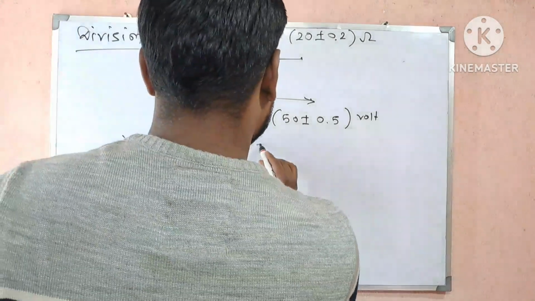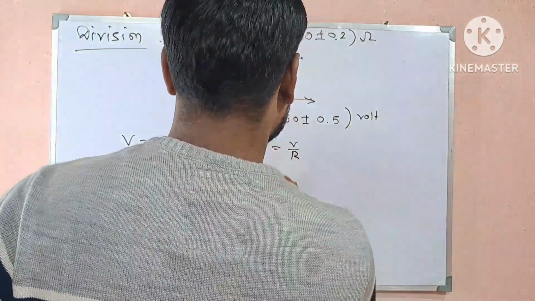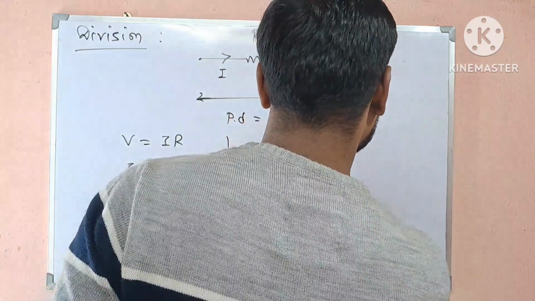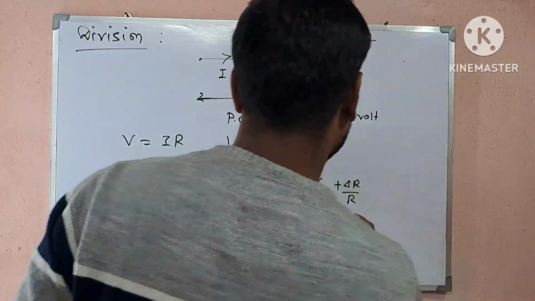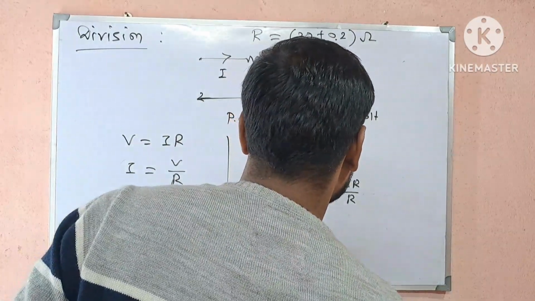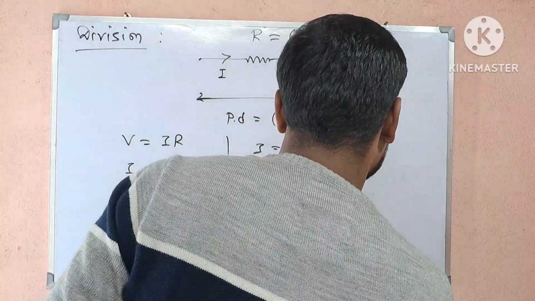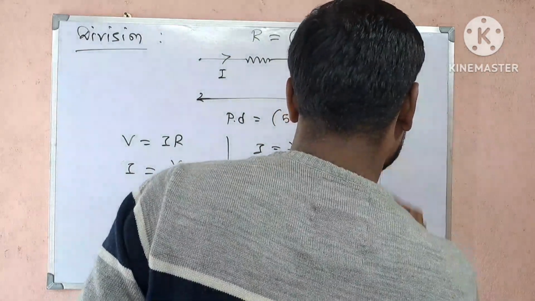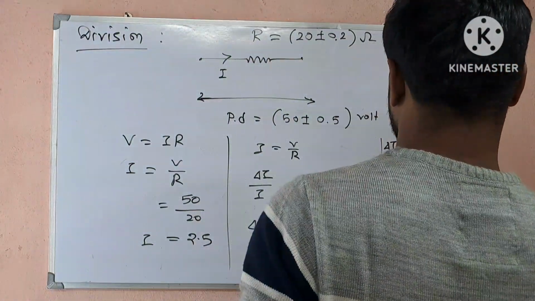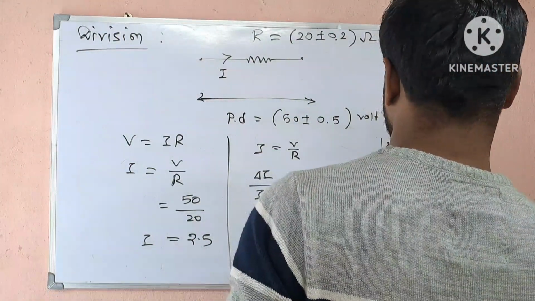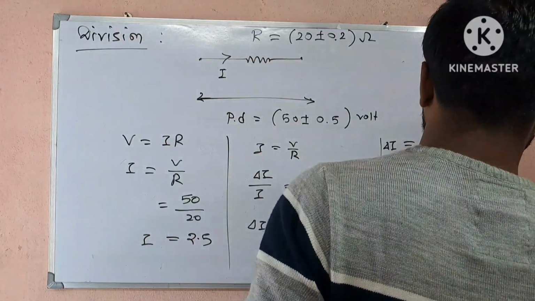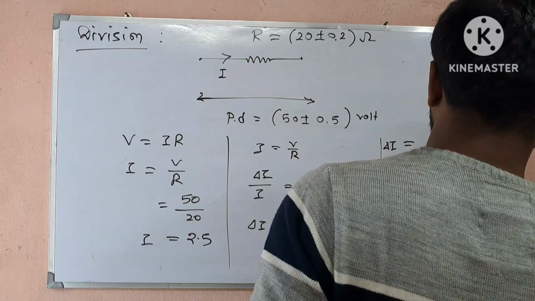So we have to take that I equal to V by R. Now the formula is delta I by I is equal to delta V by V plus delta R by R. So now delta I is basically I into delta V by V plus delta R by R. So after putting all the values, delta I is equal to 2.5, delta V is 0.5 divided by 50 plus 0.2 divided by 20.